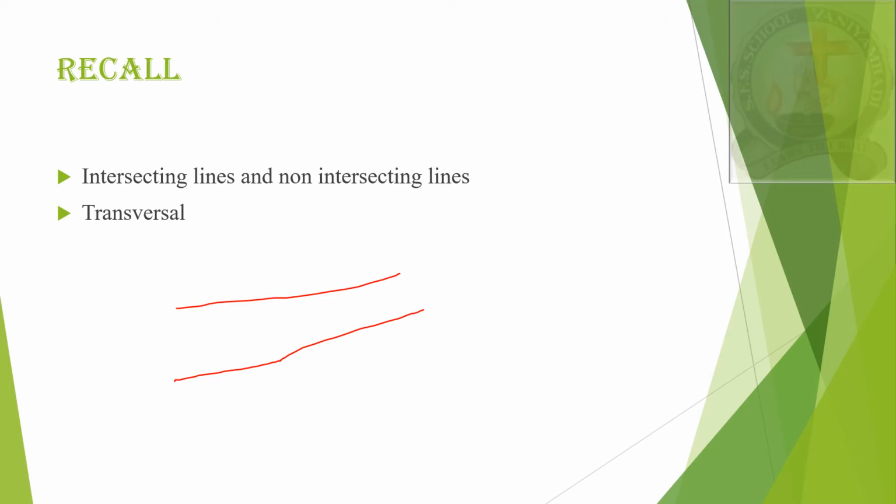Okay, children. Next, transversal. What is a transversal, children? Let us take a pair of lines. They may be parallel or non-parallel lines.